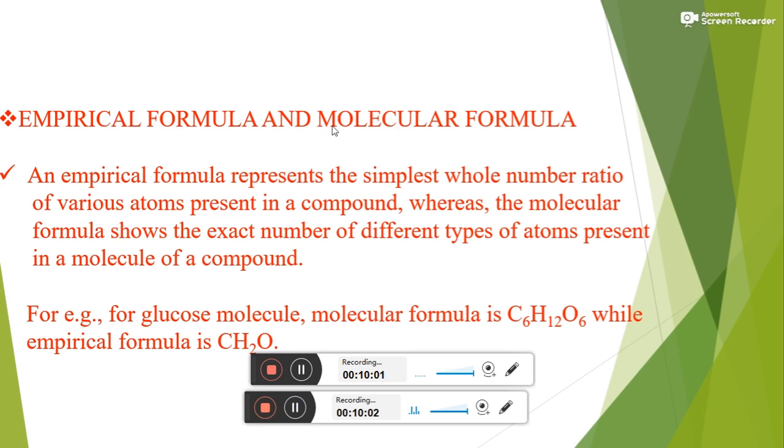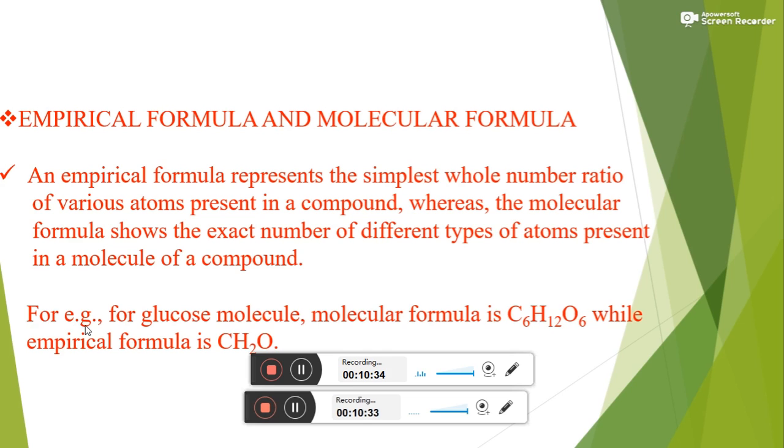Now next is empirical formula and molecular formula. An empirical formula represents the simple whole number ratio of various atoms present in a compound, whereas the molecular formula shows the exact number of different types of atoms present in a molecule of a compound.